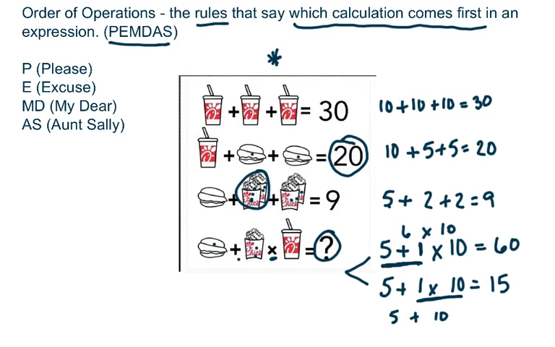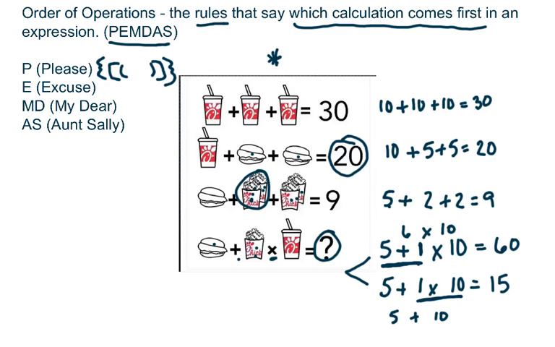The P is going to stand for parentheses. Parentheses are also going to include brackets and braces. Anytime you see anything set in parentheses, brackets, or braces, you're going to do that first.